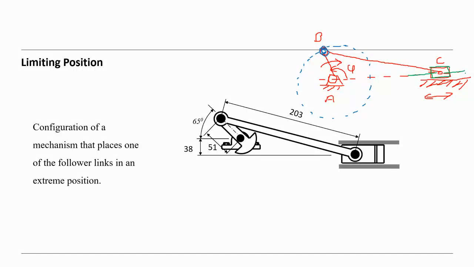So we are interested to define the limiting position. What does limiting position mean? It means crank and coupler are in line like this here.